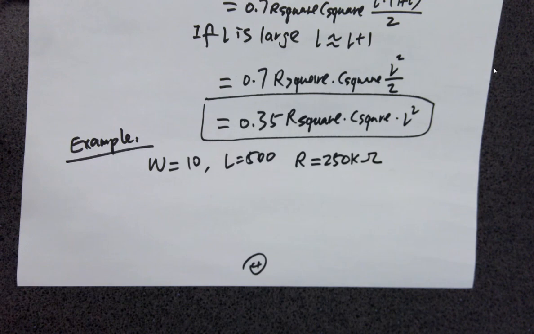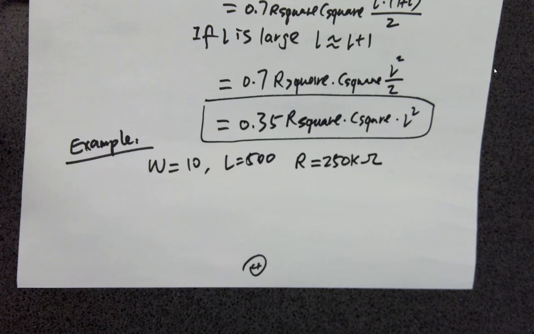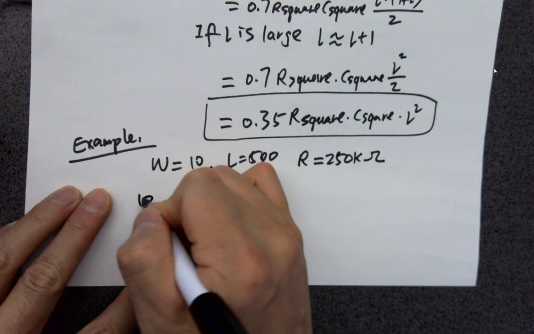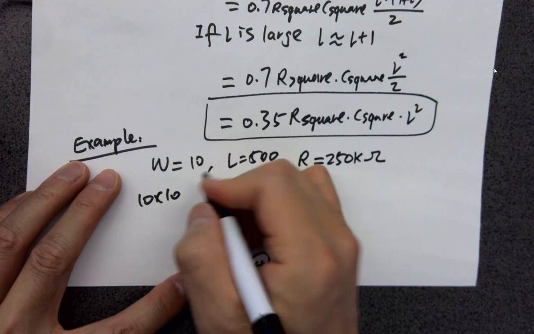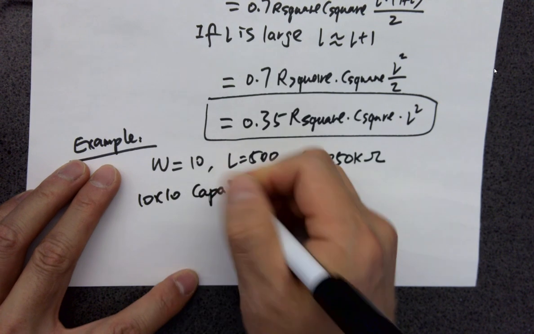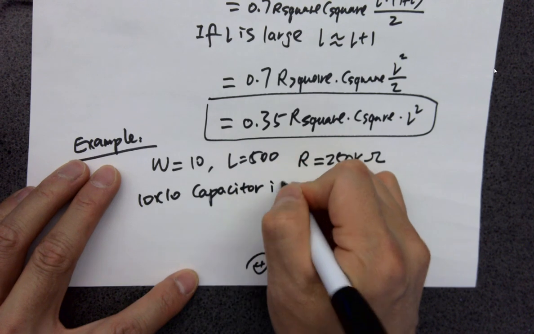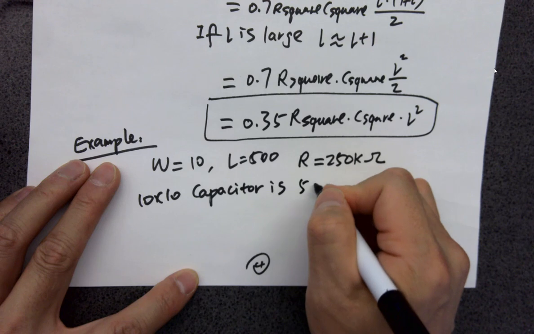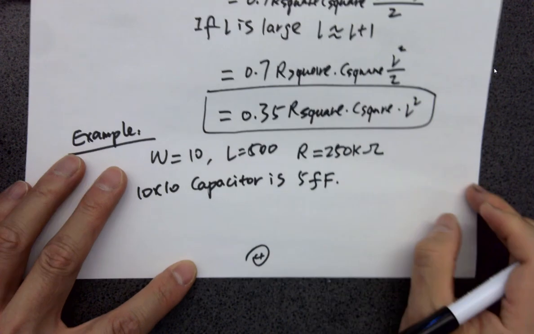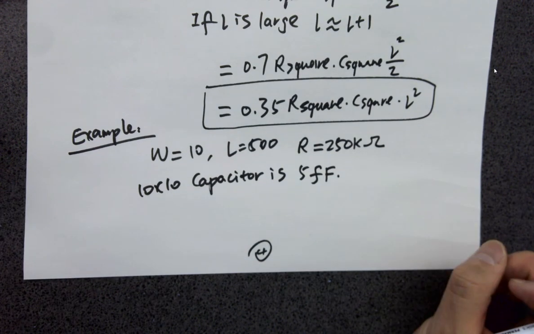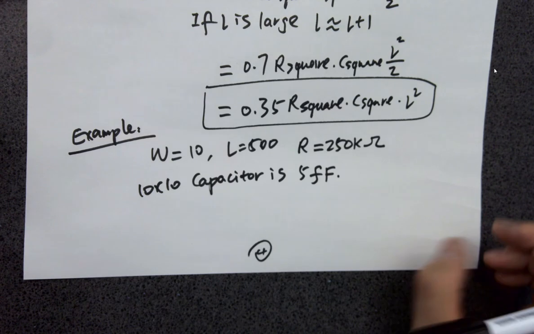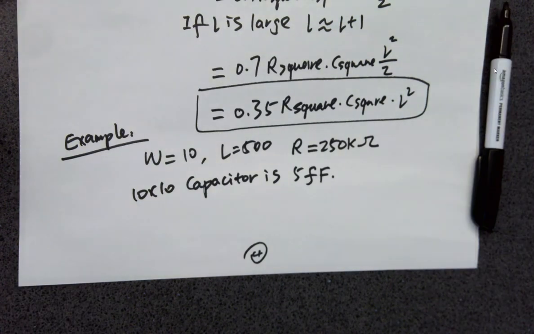It's given. And a 10 by 10 capacitor of the N-well is 5 femtofarads. It's given.